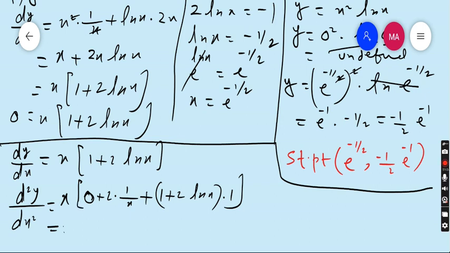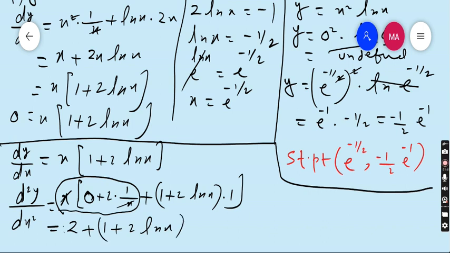So x multiplied by x, x cancel by x, answer is 2 plus 1 plus 2 ln x, or 2 plus 1 is 3, 3 plus 2 ln x.